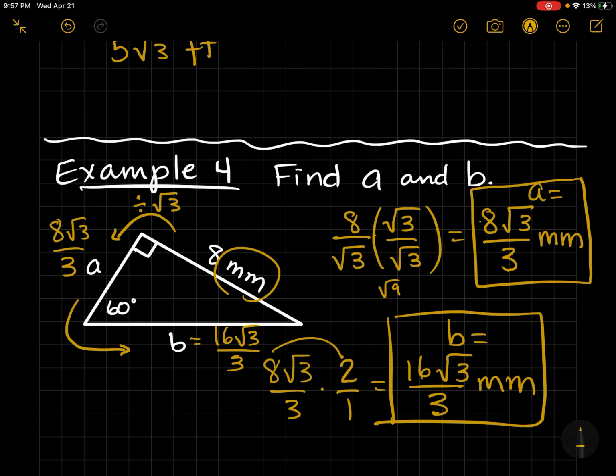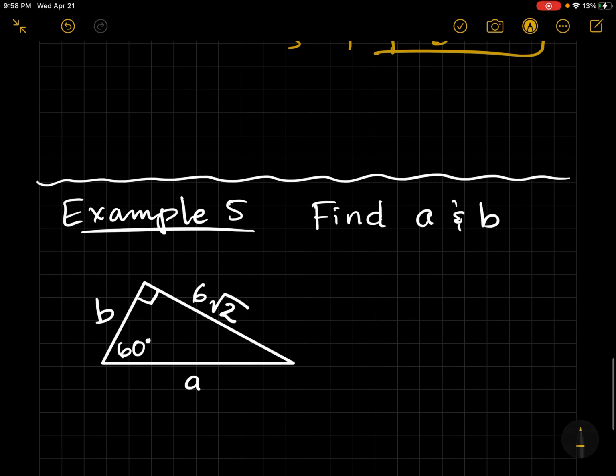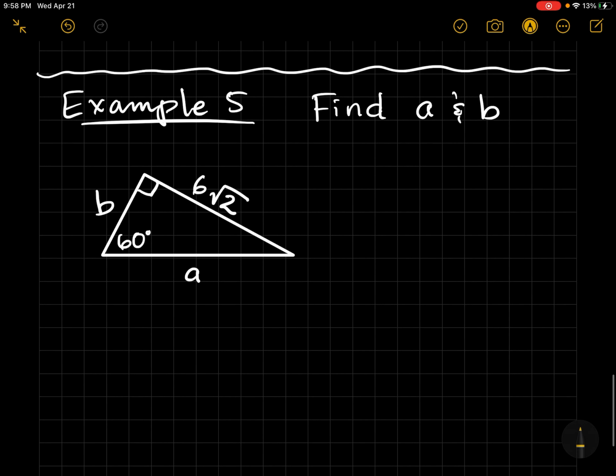All righty. Let's do one last example. Definitely pause and give it a try on your own. So if we have the long leg and we want to go to the short leg, you divide by radical 3. Okay, so 6 radical 2, and it just takes a little practice and you'll get really good at it.